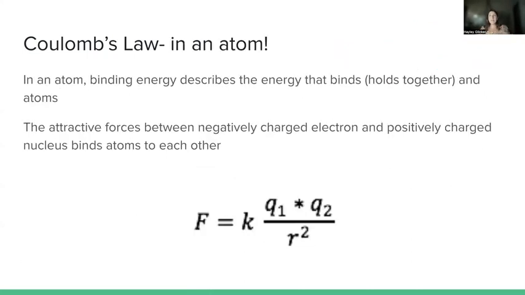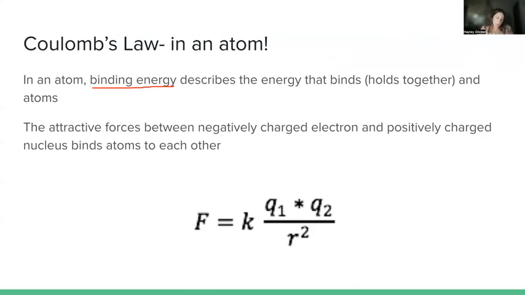And that comes in handy because that's what binds together our atom. In an atom, there's an energy that we call the binding energy, which describes the energy that holds together our atoms. That energy is associated with the energy of our electrons and the energy of our protons in our nucleus.